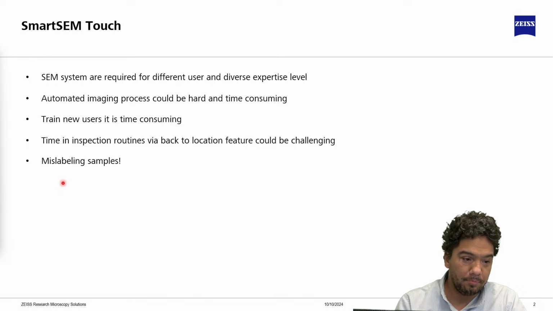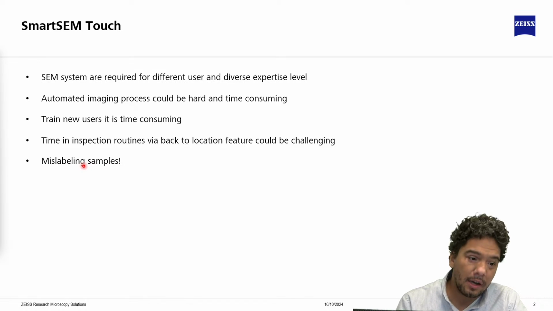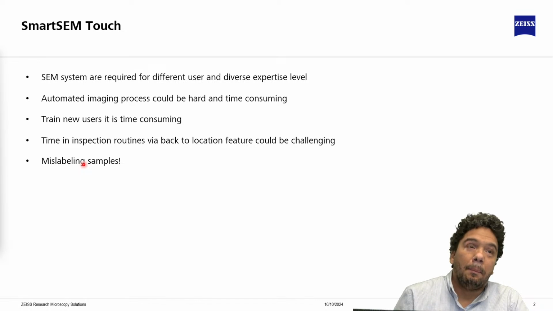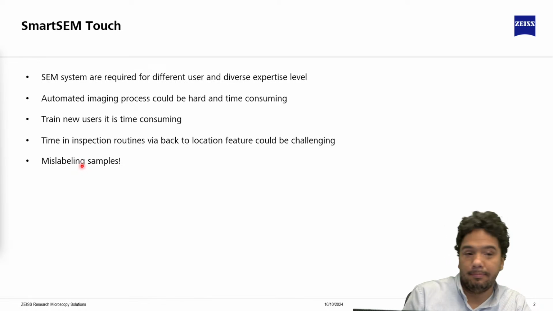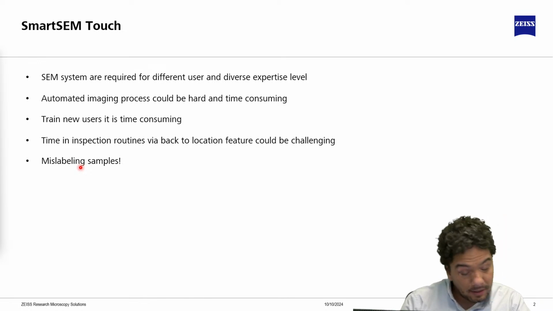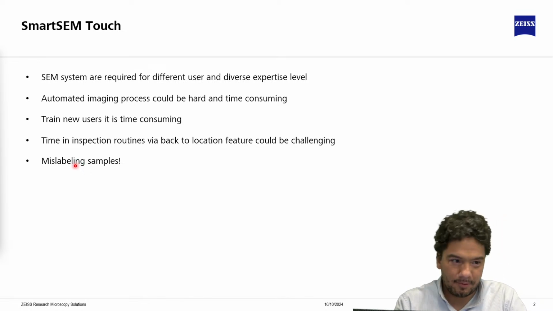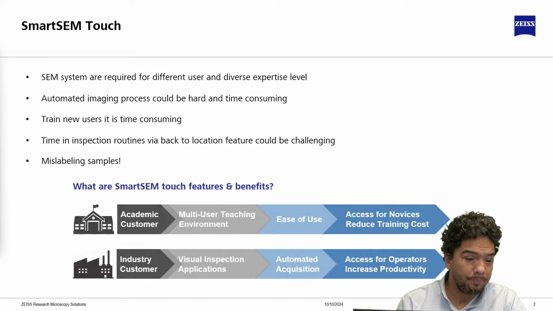And of course, mislabeled samples is another challenge, because you are probably evaluating very similar samples and you don't want to mislabel a specific sample that could be critical and spoil your experiment or imaging workflow.